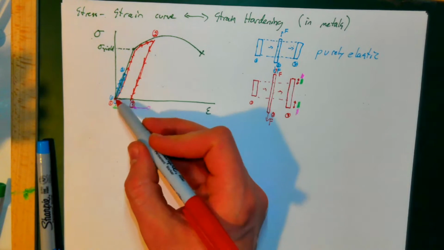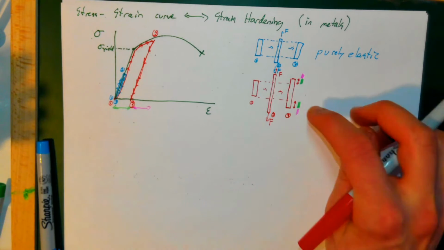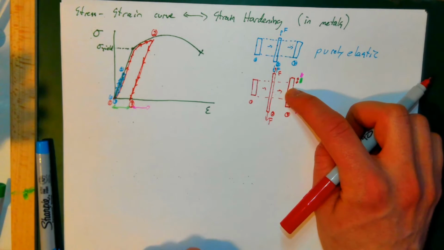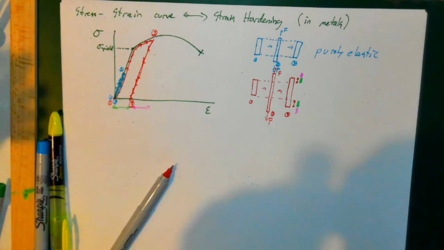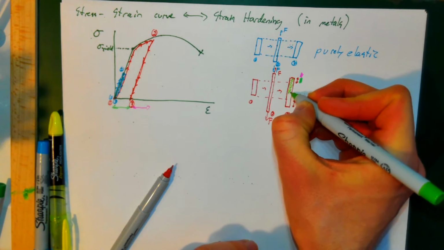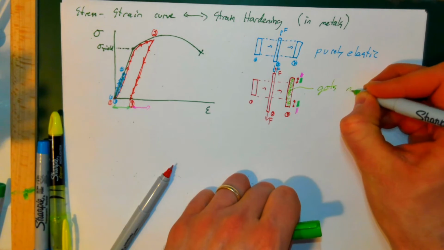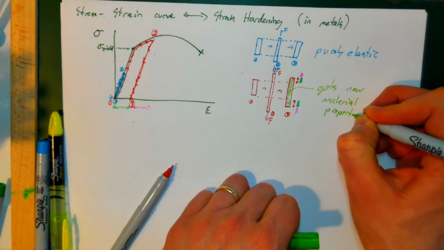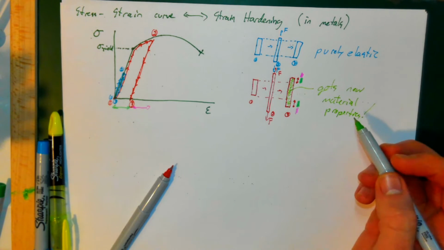This permanent deformation is not just left over in a physical reshaping of the material, but this permanently stretched and changed material gets new material properties. And what new material properties does it get?